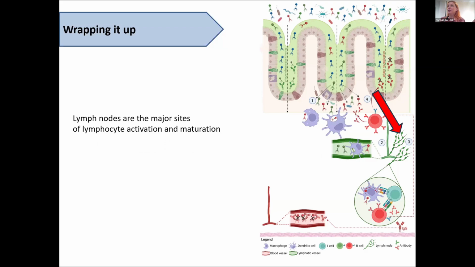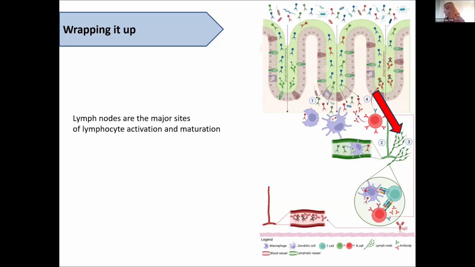Within the lymph nodes, immunological cells like lymphocytes, T cells, and B cells cooperate with dendritic cells and other antigen-presenting cells, and they learn how to recognize an antigen, and this applies to phage.